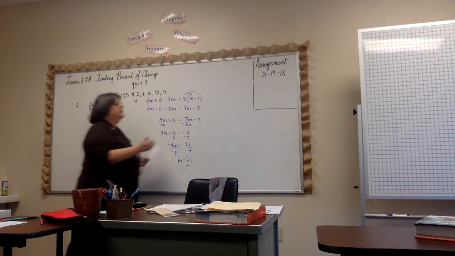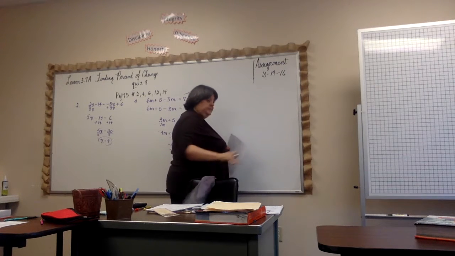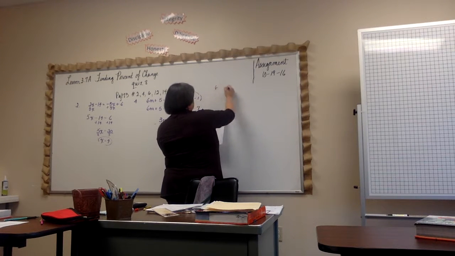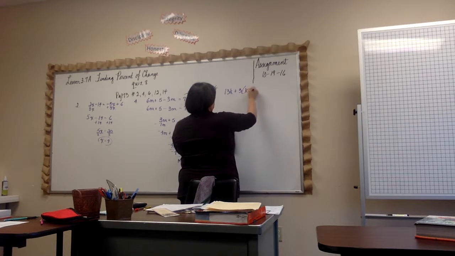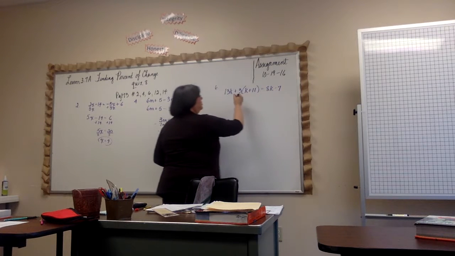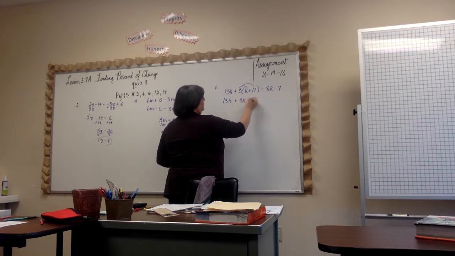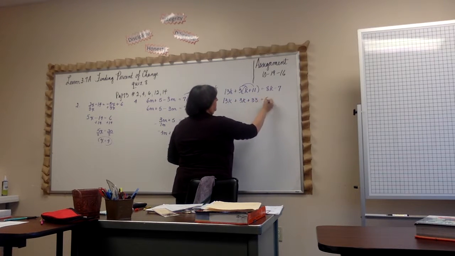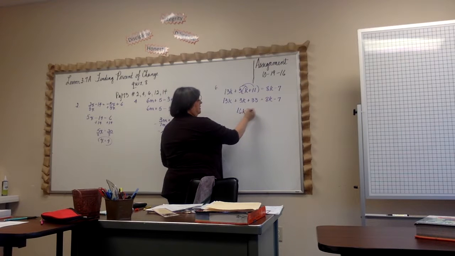Okay, number 6. First thing we'll do is the distributive property. And then we'll put the like terms together on the left side.